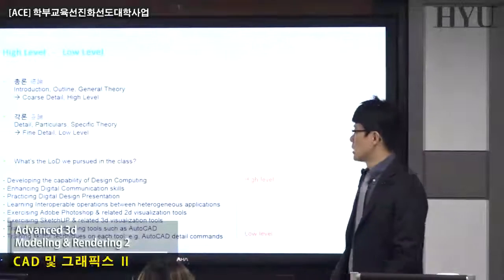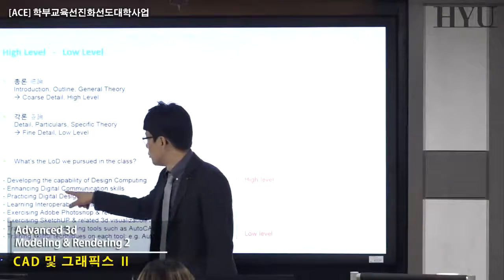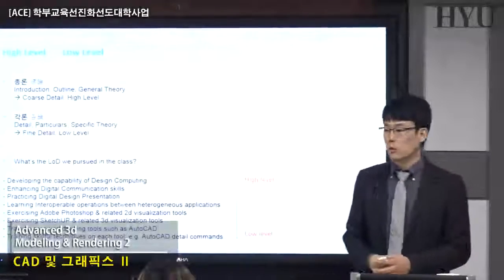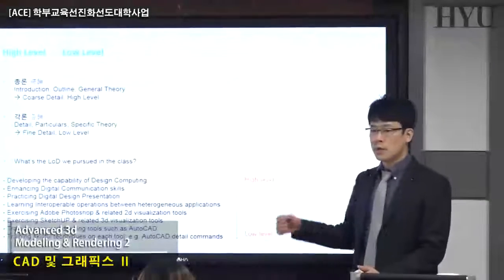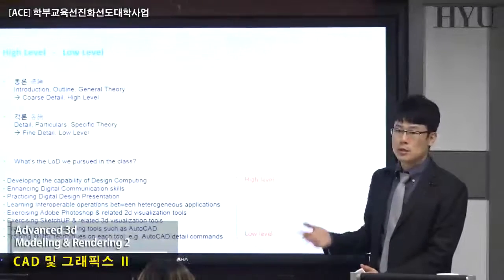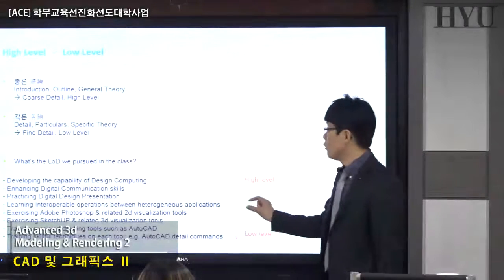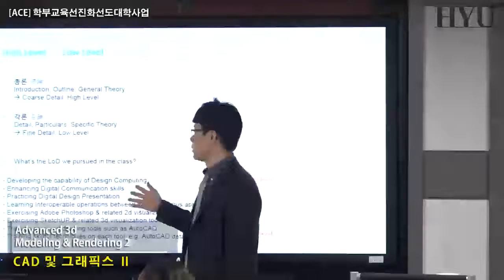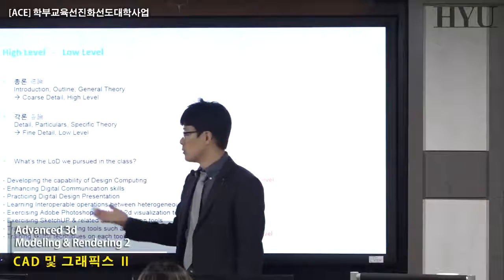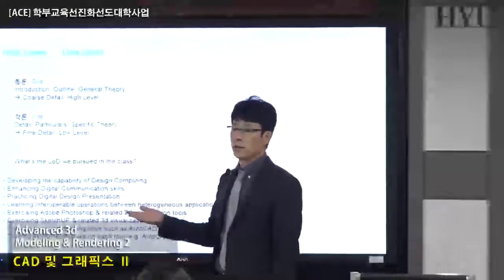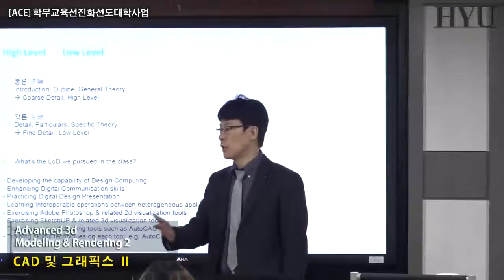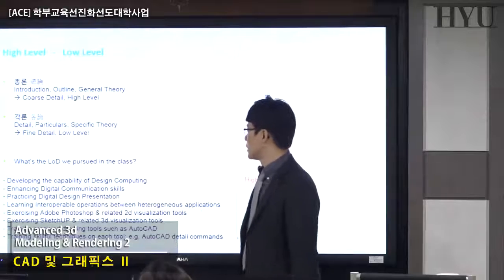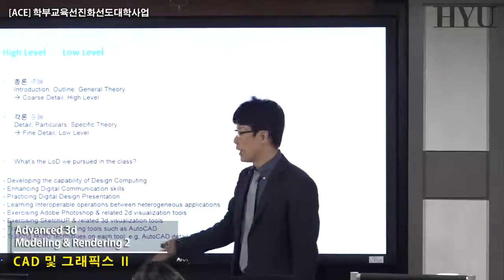Enhancing digital communication skills: usually our communication in the design, architecture, engineering or construction domain uses standardized symbols, draftings, drawings. But now you have learned 3D, photorealistic rendering, wireframe, line drawing, and so on, digitally augmented objects to communicate with other designers or anyone else in your project. And also practicing digital design presentation using lots of applications.